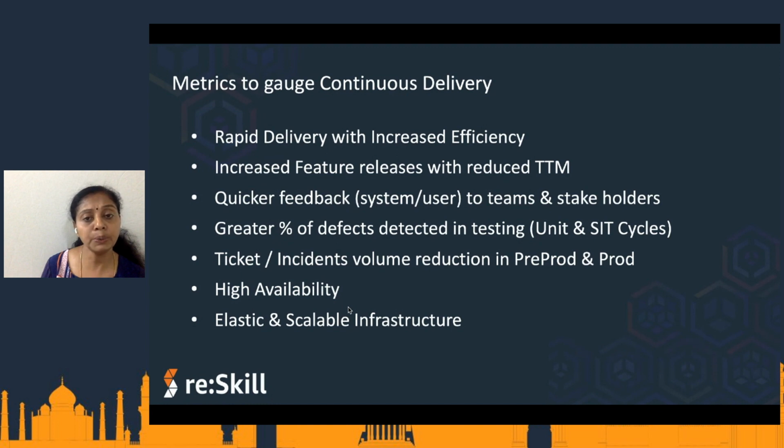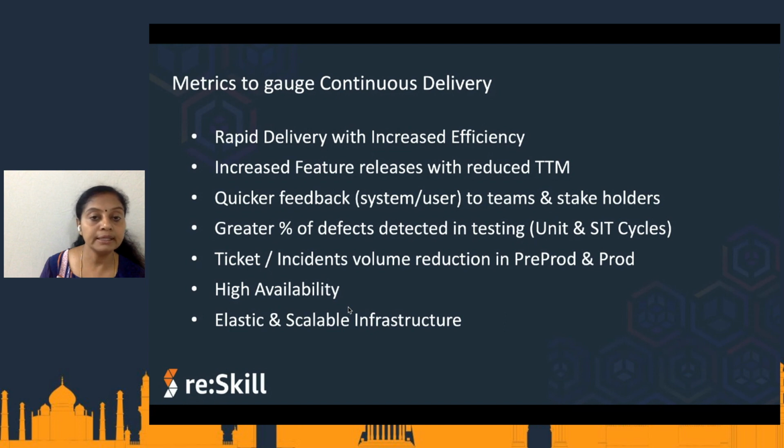And having quicker feedback systems to your users and systems is going to be helpful. And a greater percentage of defects detected in testing, unit and SIT cycles means fewer defects in your pre-production and production environment. That's the end goal for us, right?